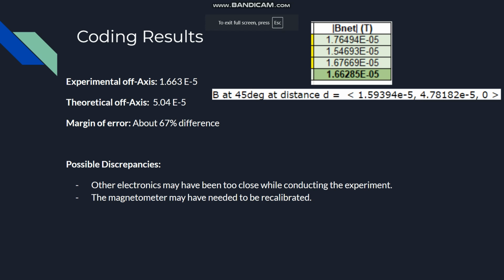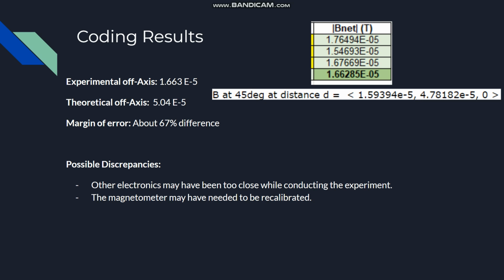So we're going to compare our results here. The code had us at this vector of degree off axis, which you get the magnitude of, and that is going to be 5.04 e to -5.